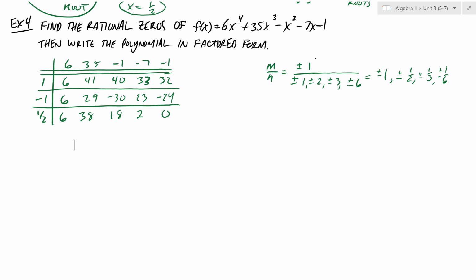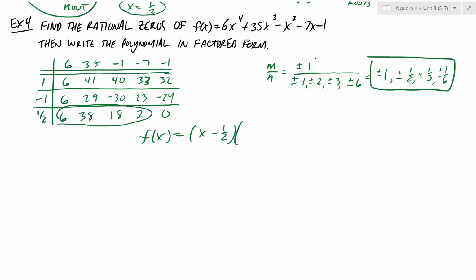Okay, so some of you may still be working. I just want to check in and see how we're doing so far. So my list of rational roots only had 4 numbers, plus and minus 1, plus and minus 1/2, plus and minus 1/3, and plus and minus 1/6. So when I went through and started trying them, 1 and -1 didn't work, but then 1/2 worked. Okay? And since 1/2 worked, then we can say f of x equals x minus 1/2 times, these numbers give us the coefficients.